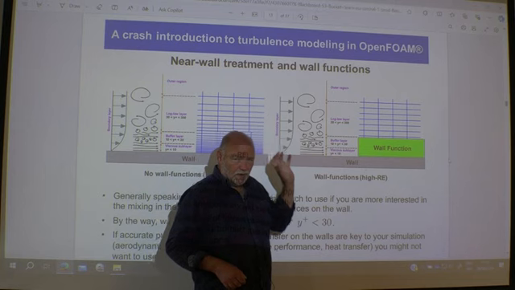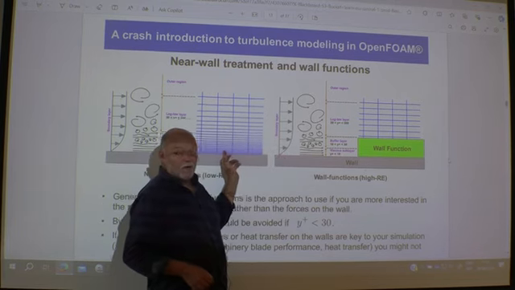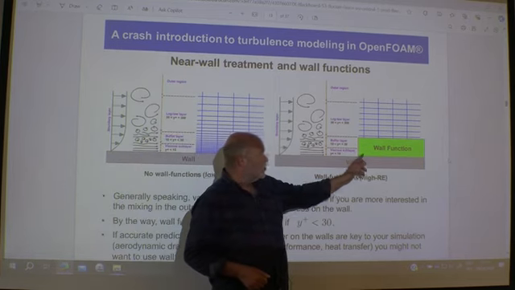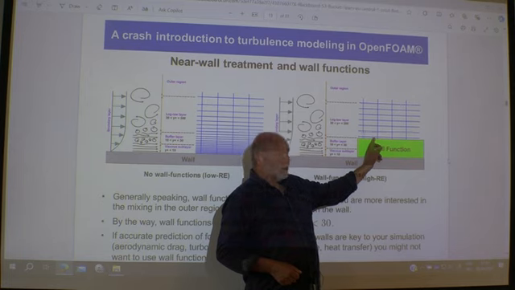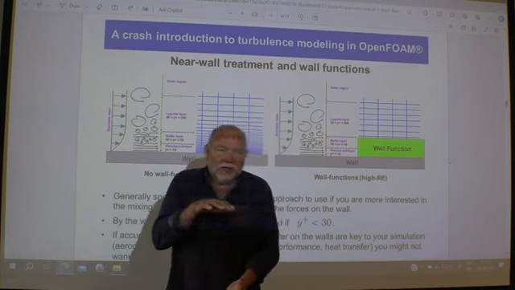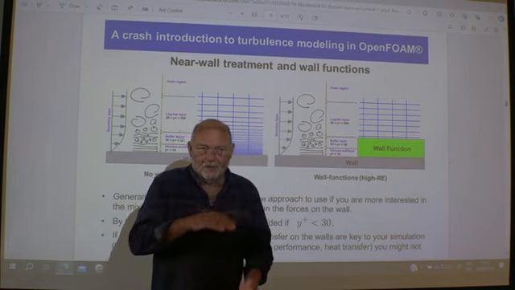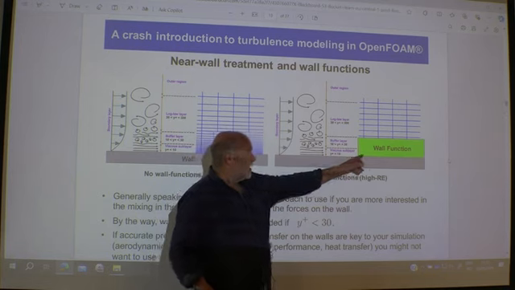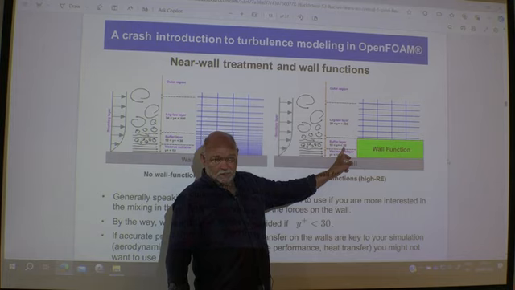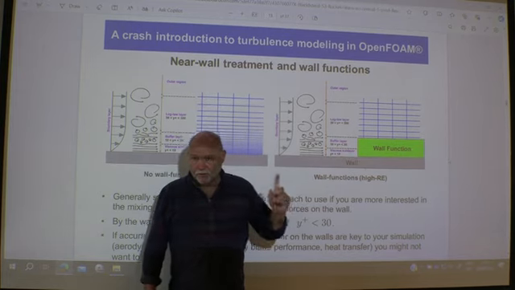If your Reynolds number is high, this is going to be very expensive. You need 1 million cells. Then we cheat. But then the distance to your first cell has to be big enough. Then you need actually a quite coarse mesh to stay away from the wall. You're not allowed to be inside here. You should have it above 30. That's the limit for your first cell.